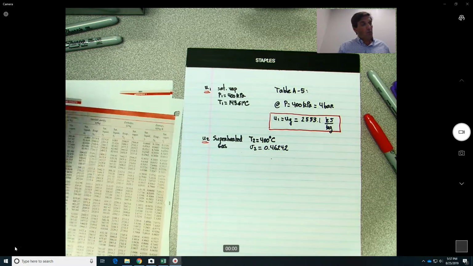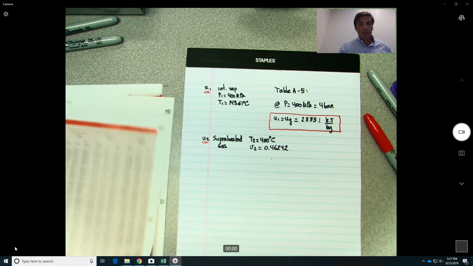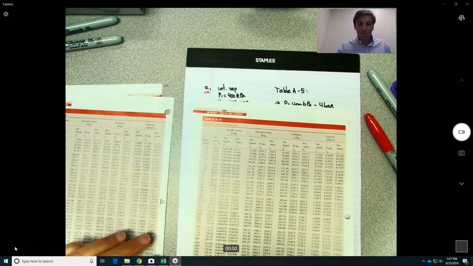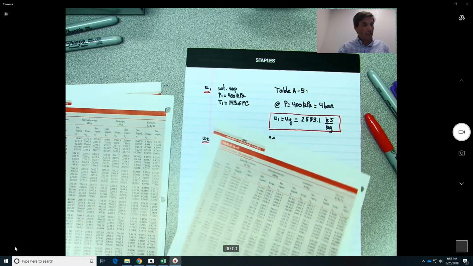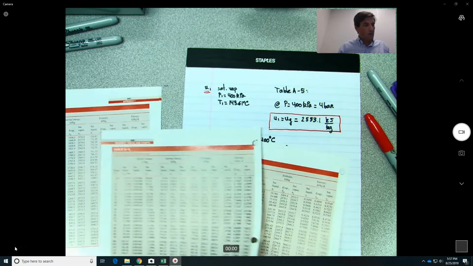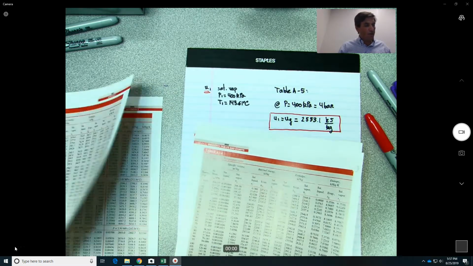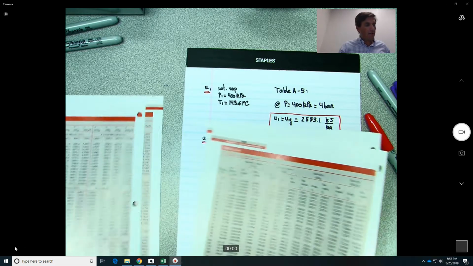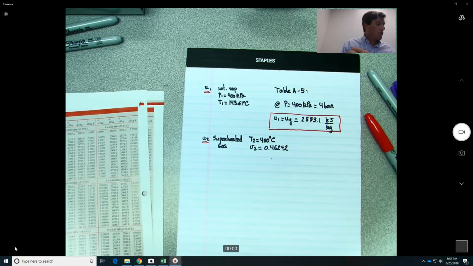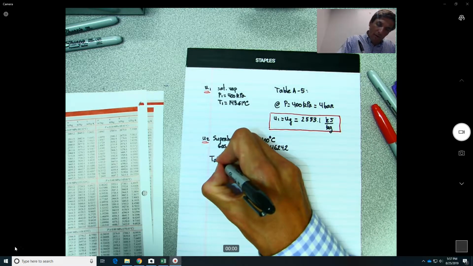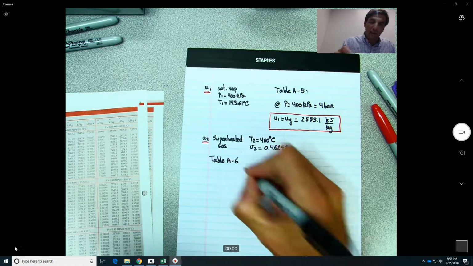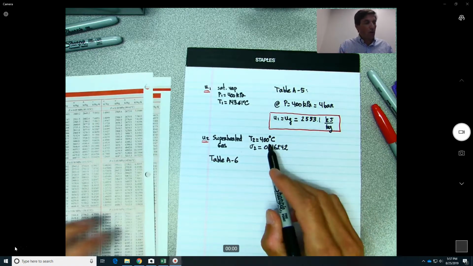So let's go here to the table for superheated, which will be table A5. So this one is for pressure, that one is not going to help. Table A5. Okay, let's go to table A6. So we go to table A6 and we look for the different temperatures.